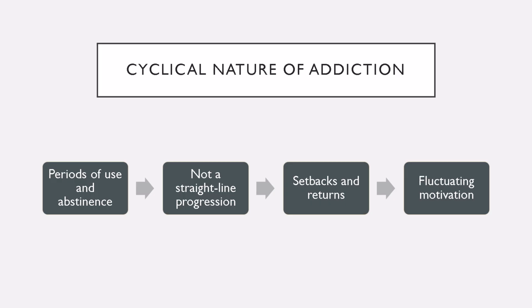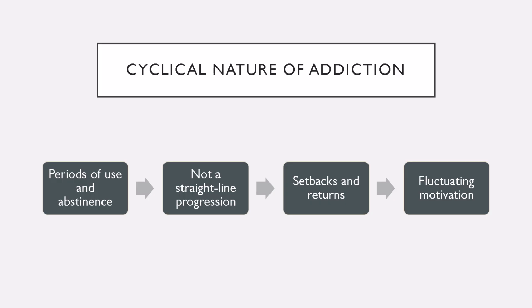And one of the most important things to understand about addiction is that it's not a straight line process. A lot of people assume that the progression happens in this steady, predictable way. But in reality, it's often cyclical. People go through periods of use, and that's followed by periods of abstinence, and then they return to use again.